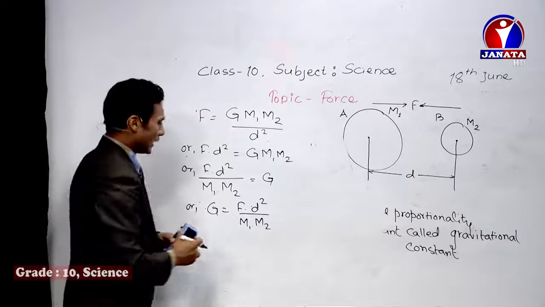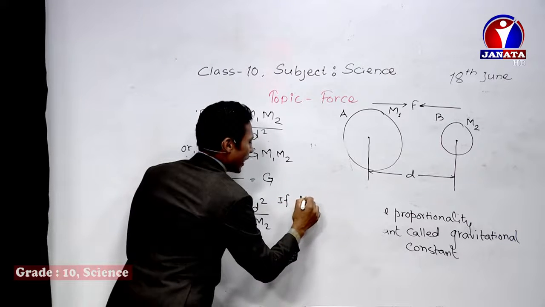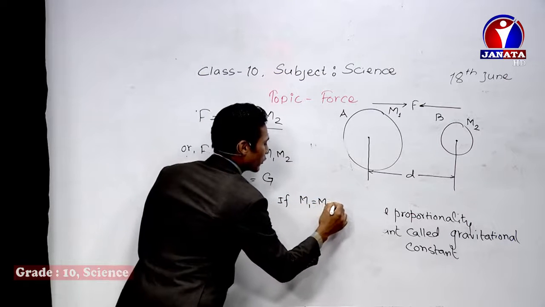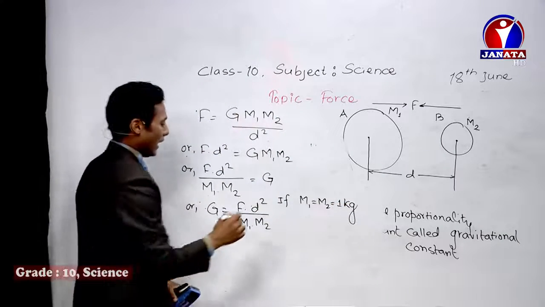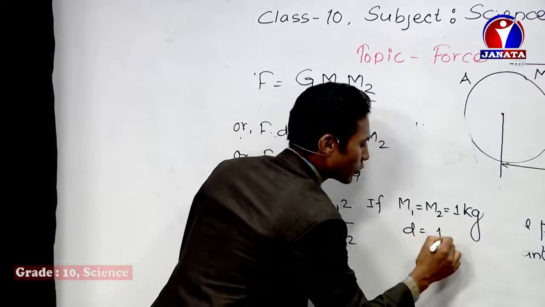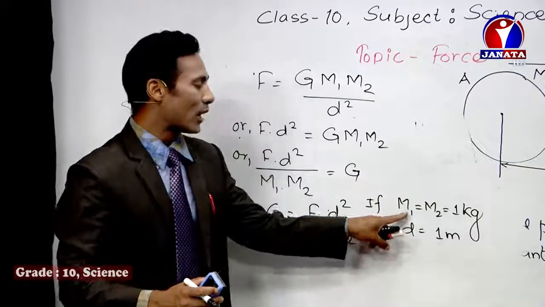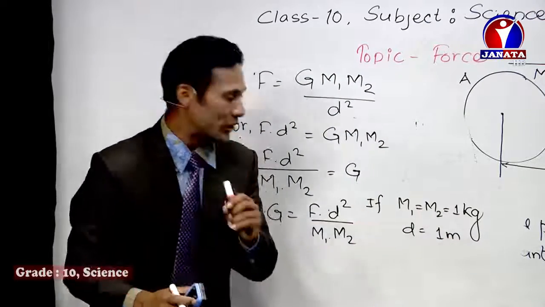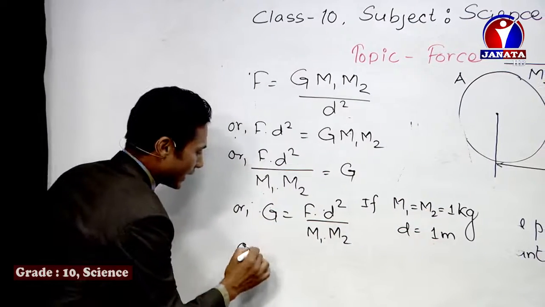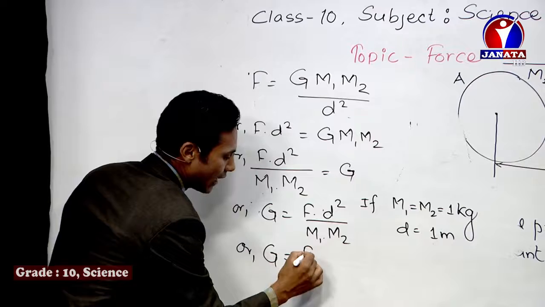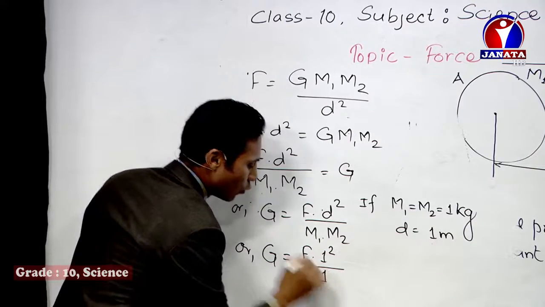Okay, now if m1 equals m2 equals 1 kg, if I take this unit mass, right, and the distance between them also, let's say unit distance 1 meter, then if you substitute these values here, we will get G equals F into 1 squared divided by 1 into 1.